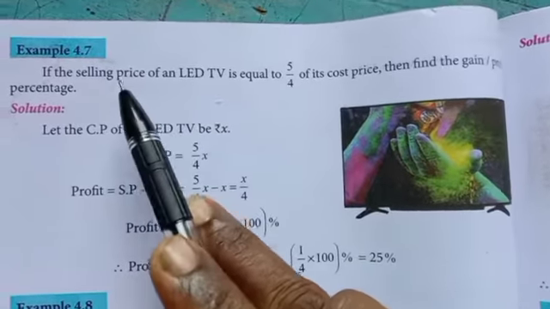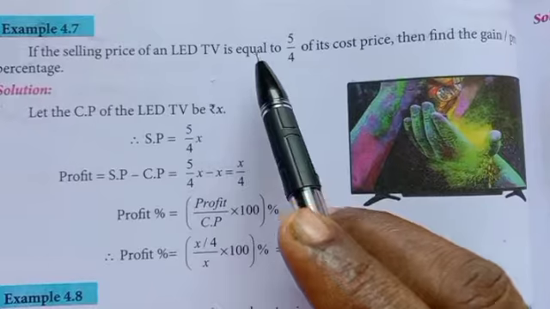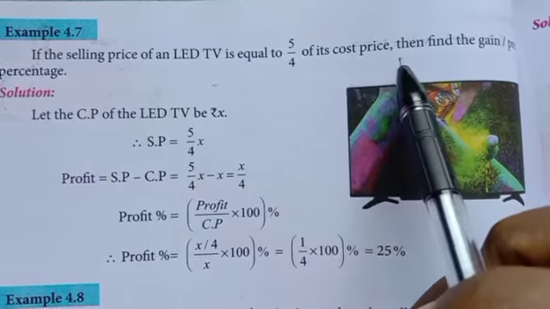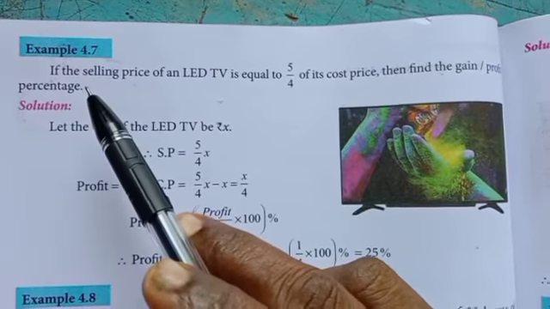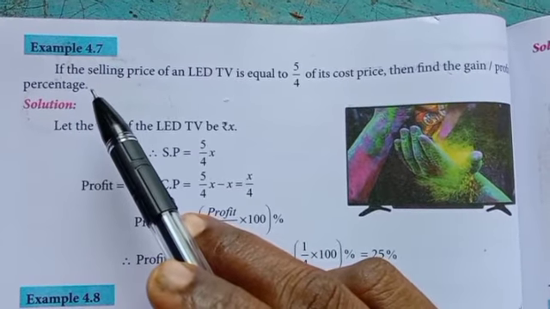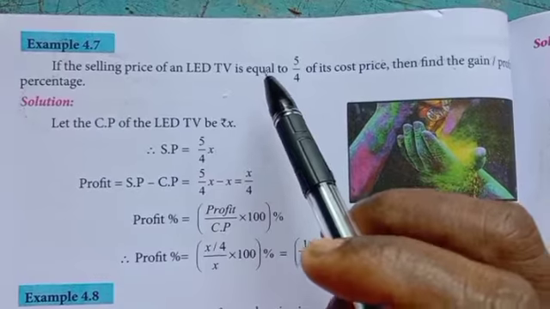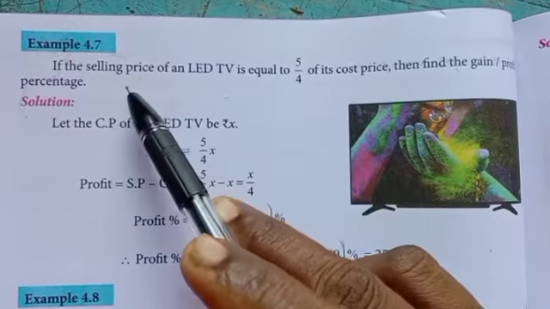Okay, example 4.7. If the selling price of an LED TV is equal to 5 by 4 of its cost price, then find the gain or profit percentage. What is given? CP of the LED TV is unknown.